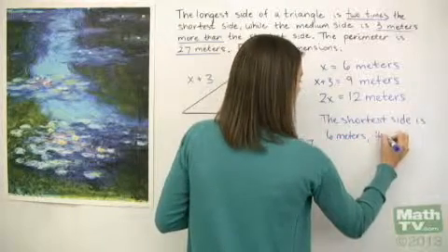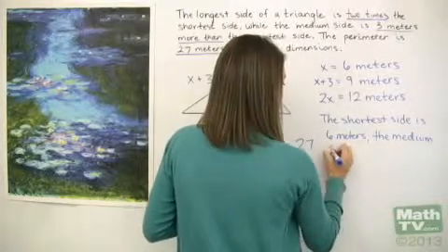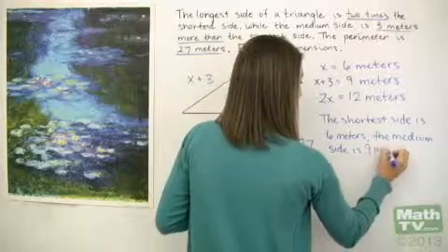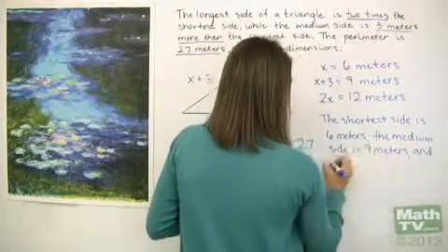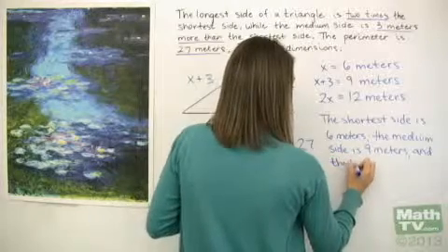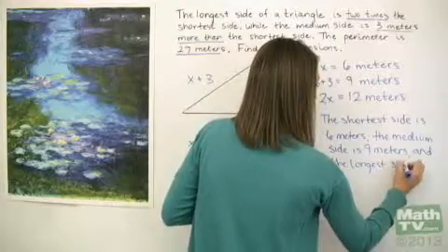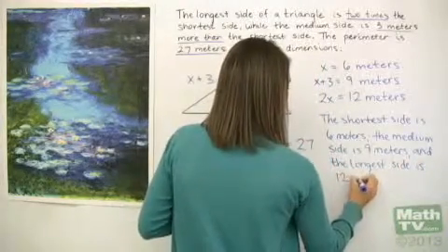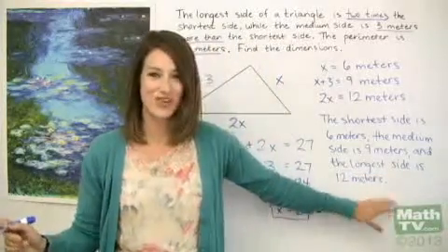The medium side is 9 meters. And the longest side is 12 meters. So there's our complete sentence with our answer.